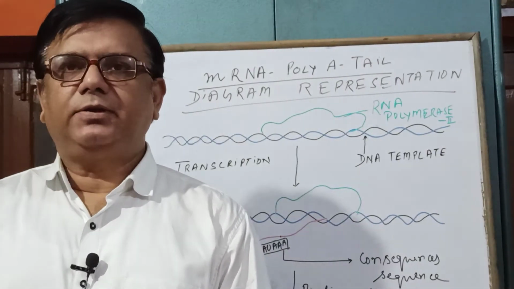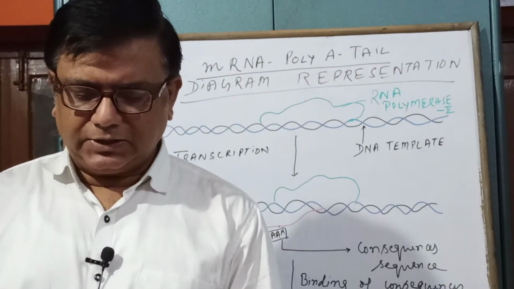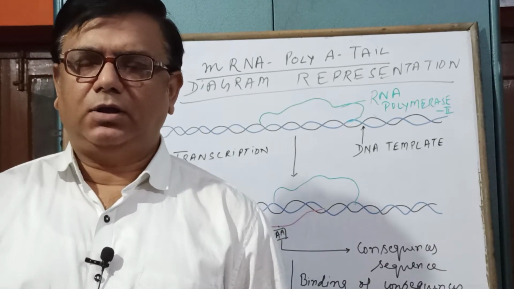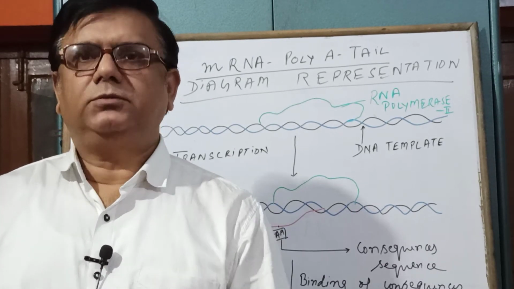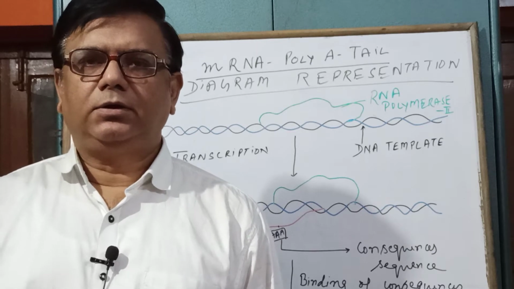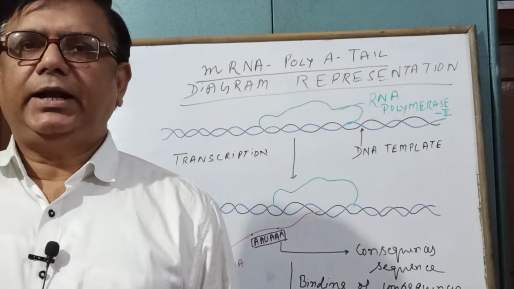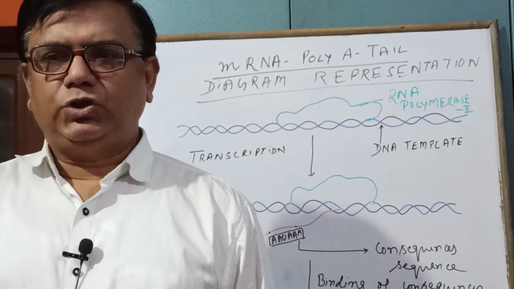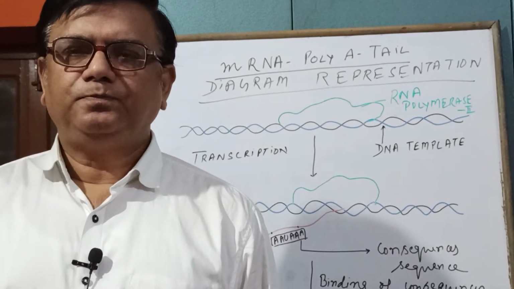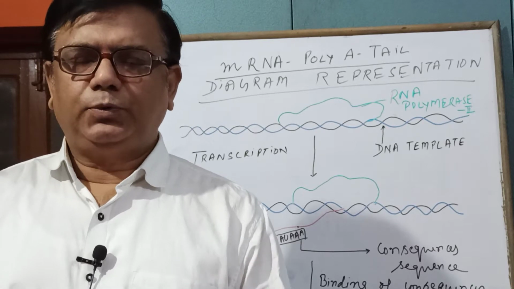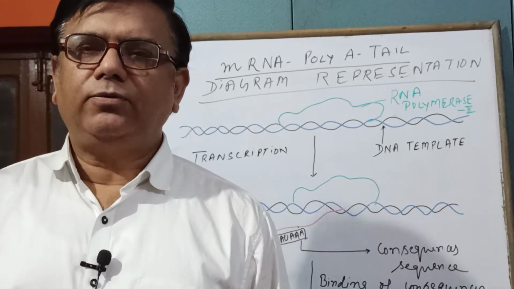In the previous lecture I already gave you detail of all the mechanism and all the things related with formation of poly-A tail at 3' position in mRNA by processing of the primary transcript of mRNA.